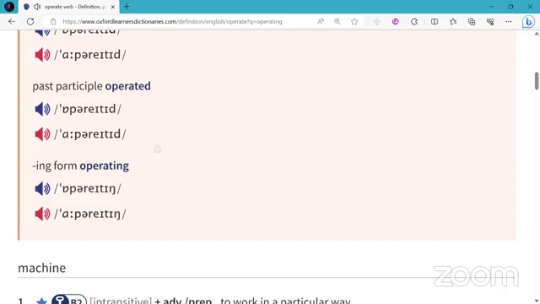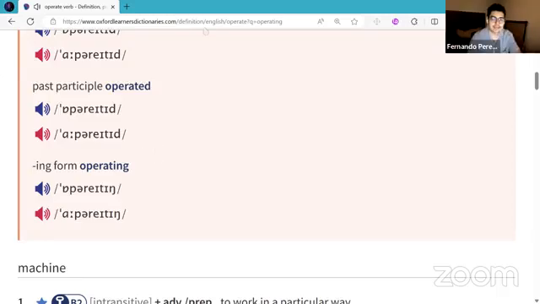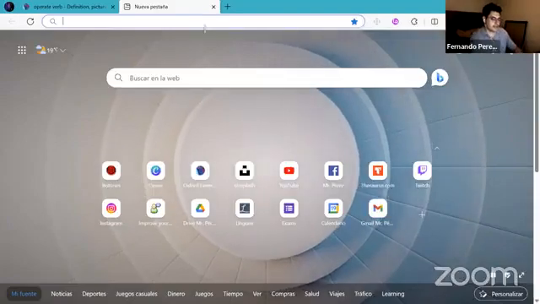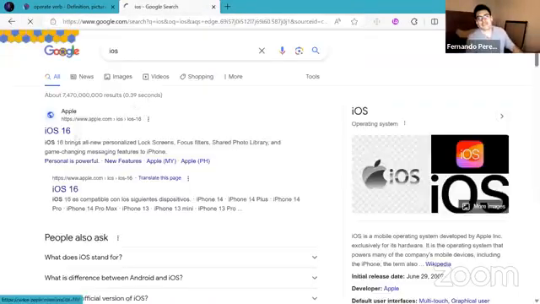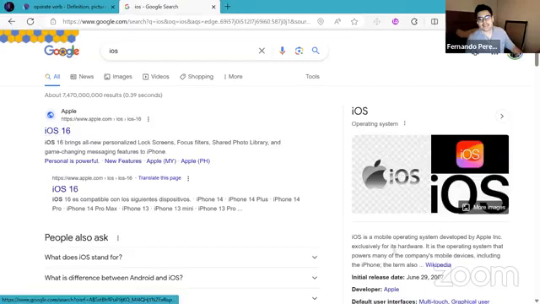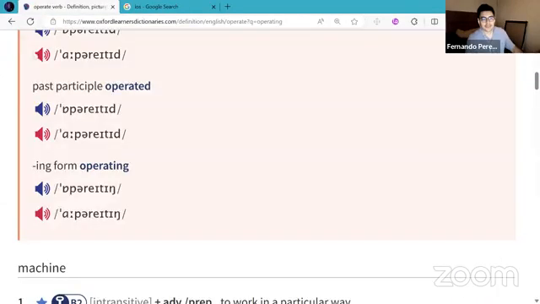Operating system, exactly. Every time you talk about your iPhone, and when they talk about iOS, this is technically the terminology for operating system. You see?